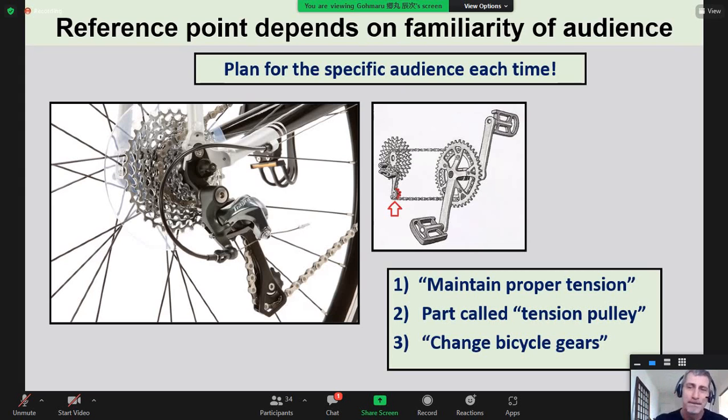So here's version 3. You have probably noticed that when you change gears on some bicycles, at the center of the rear wheel, the chain will jump from one gear to another. The biggest gear is easiest to turn, but provides little speed.